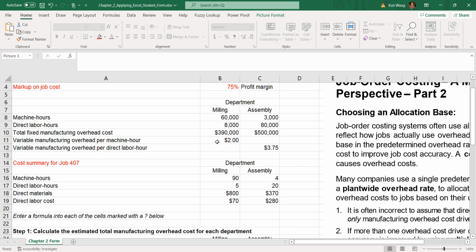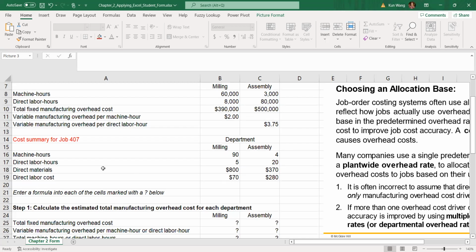Because they use different allocation bases, the variable overhead is listed in separate rows. So this is departmental overhead rather than plant-wide, and each department uses the most proper allocation base. This group of information gives us the estimation for total overhead and the total allocation base and helps us calculate the predetermined overhead rate.